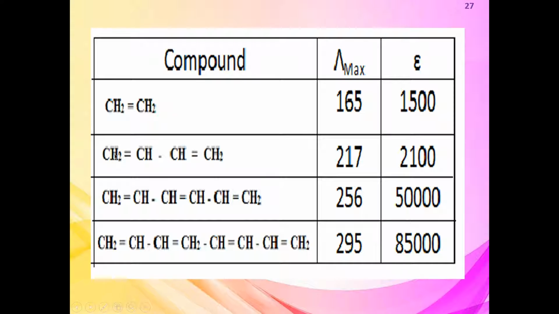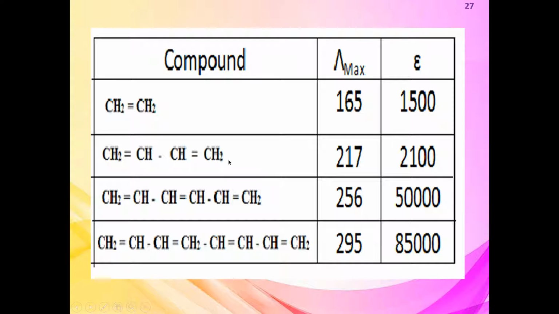The next compound, 1,3-butadiene, has two pi bonds at conjugate positions, that is, after one sigma bond, again we have a pi bond. This kind of arrangement is called conjugated double bonds.